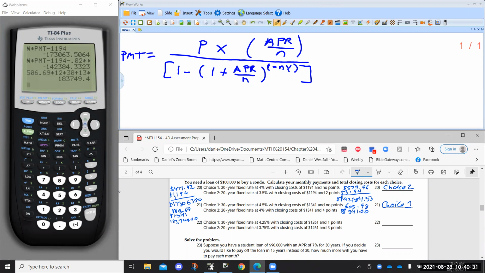On the other side is going to be my 605.98 payment times 12 payments a year times 20 years plus my closing costs of $5,341.